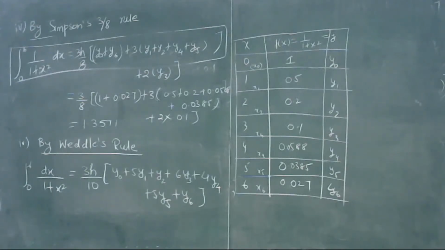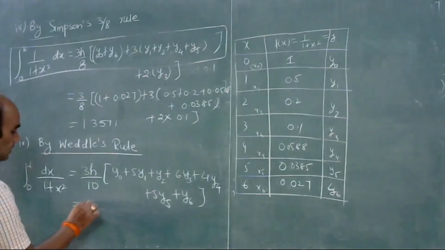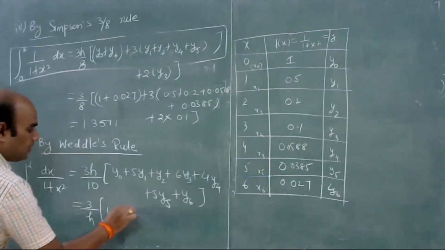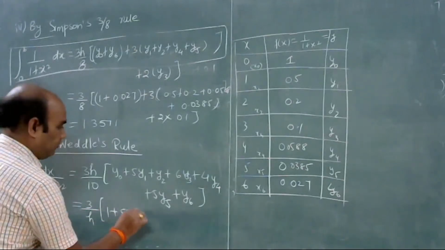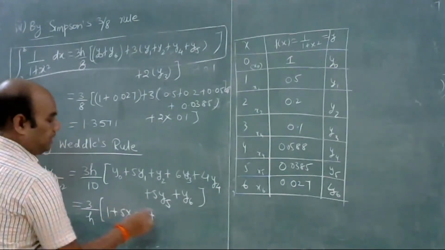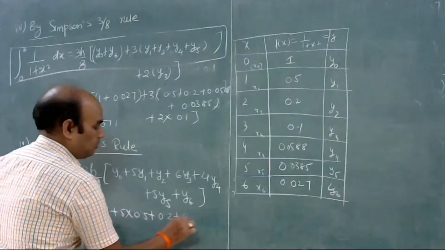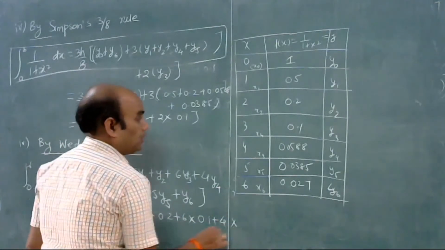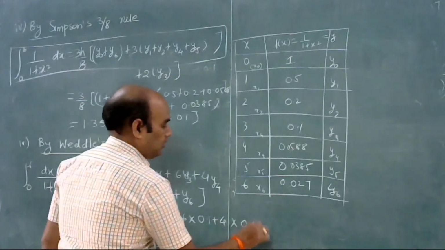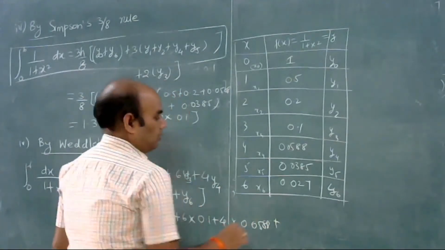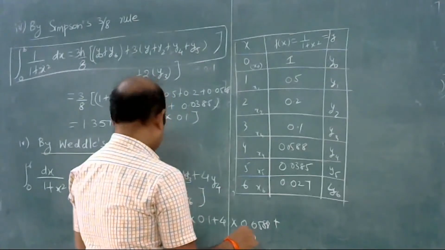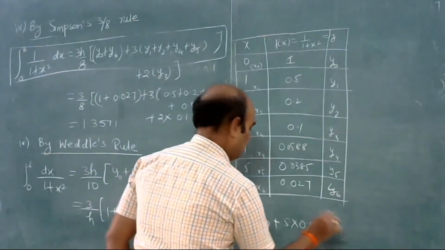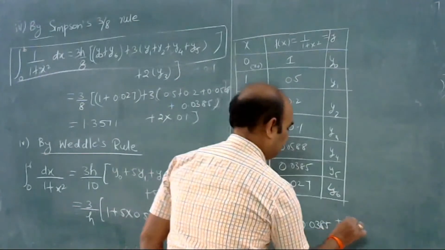So now substitute this. 3h is 1, y0 is 1, 5 into y1 is 0.5, plus y2 is 0.2, plus y3 into 0.1, plus 4 into y4 is 0.0588, plus 5 into y5, 0.0385, plus 6.